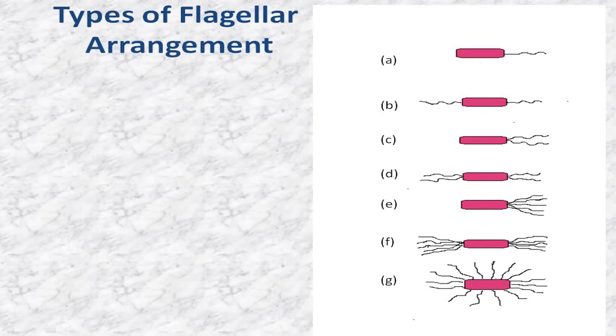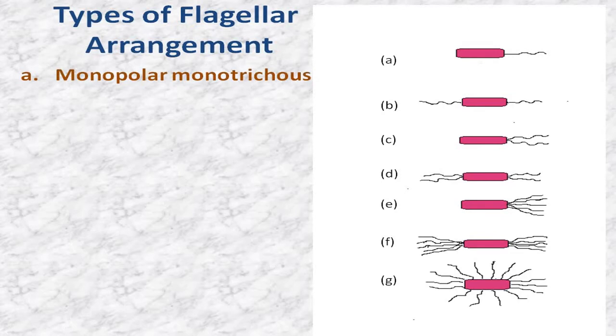Flagellar movement is with the help of flagella, which are thread-like structures that extend from the surface of the cell, and the classification is on the basis of the number and distribution of flagella on the cell. When one or more flagella arise only from one or both ends of a rod or spiral-shaped cell, the arrangement is called polar.